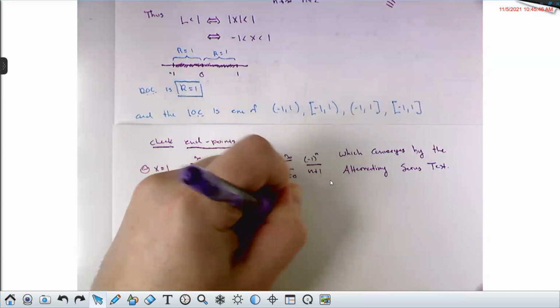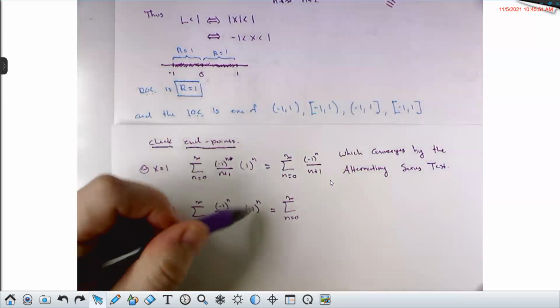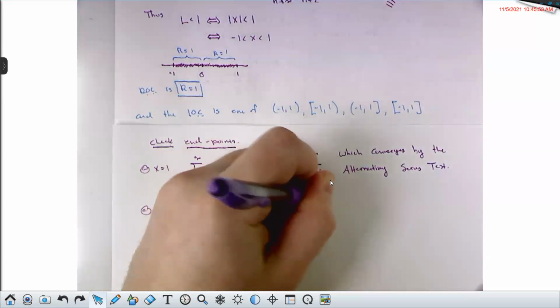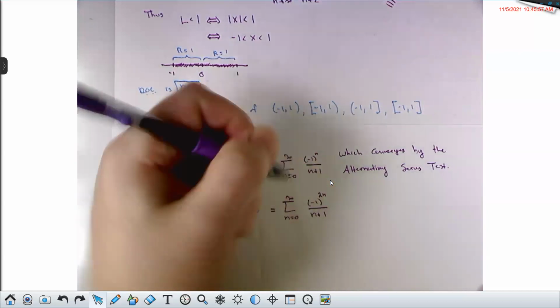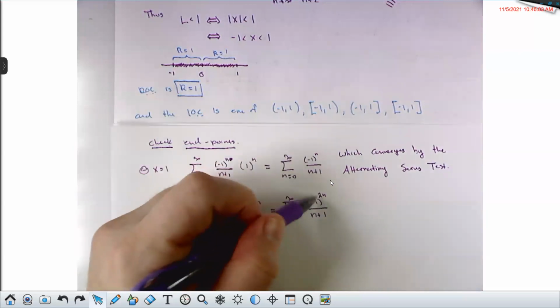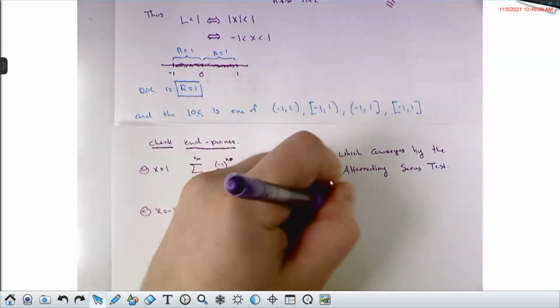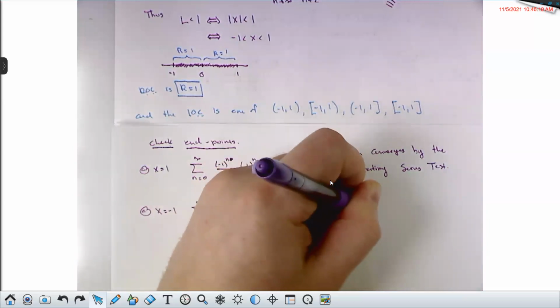This is sigma n from 0 to infinity, -1 to the n times -1 to the n is -1 to the 2n divided by n plus 1. And since 2n is always even, -1 to the 2n is always just 1.